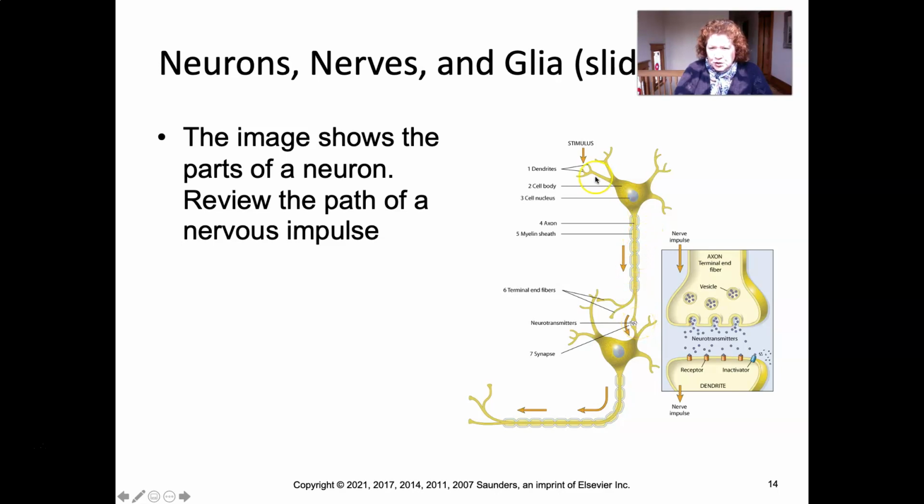And so you start with that stimulus up here in the dendrites, and it moves through the nerve cell, down through the axon, to the terminal fibers. It gets down to the terminal fibers, and neurotransmitters will pull it across the synapse and into the next cell. And this shows you here how the neurotransmitters are, and there are receptors, and there's even an inactivator, and so you can see some of the detail there.